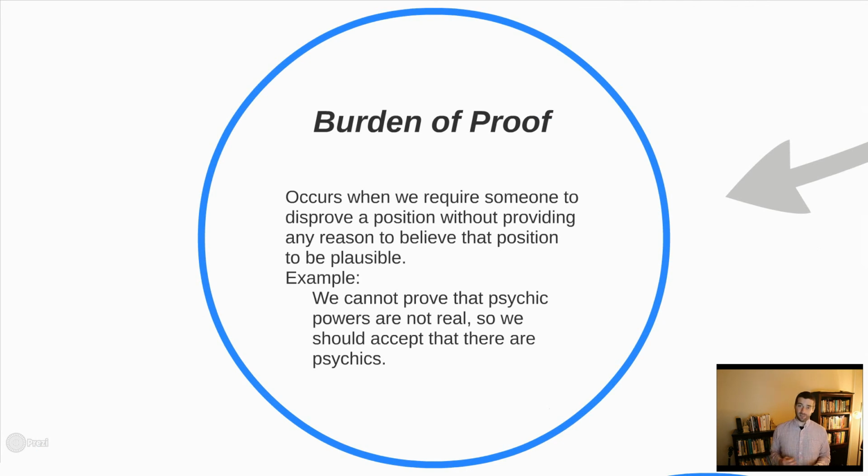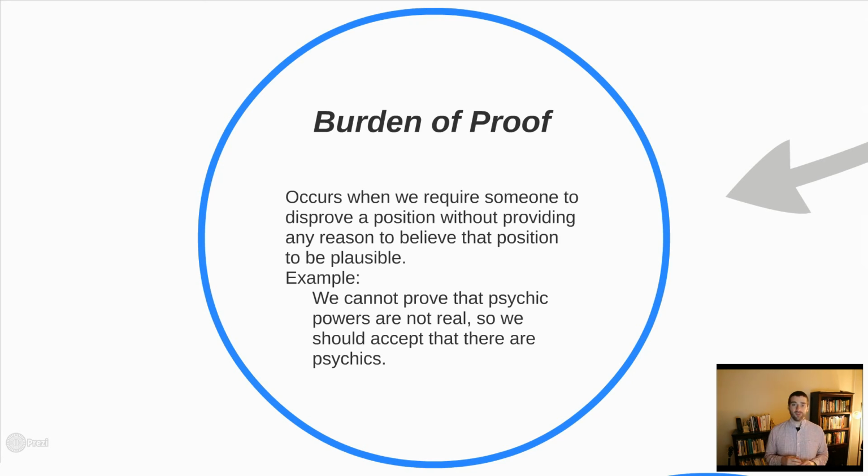So generally speaking, the burden of proof in an argument falls on the person making a positive claim. That is, the person saying that something is true. They're the ones who have to prove themselves. We make the burden of proof fallacy when we say, well, you can't prove I'm wrong, so I must be right. For instance, we cannot prove that psychic powers are not real, so we should accept that there are psychics out there. Right?